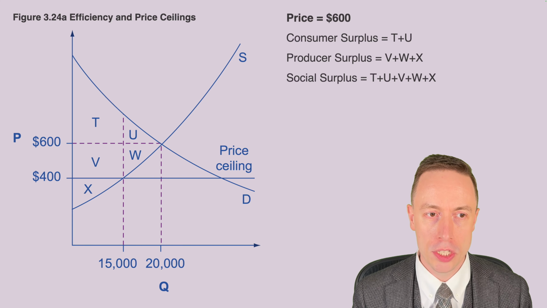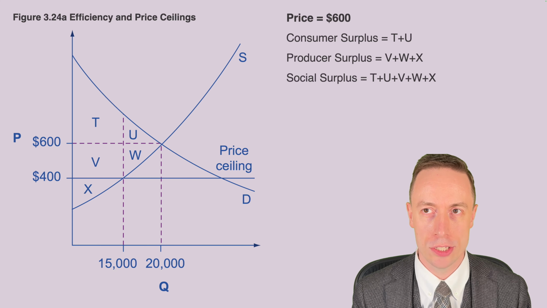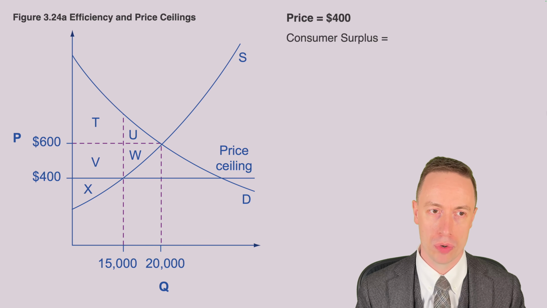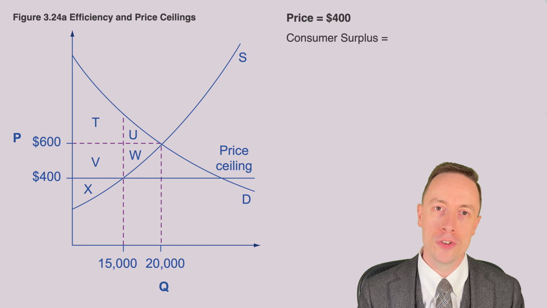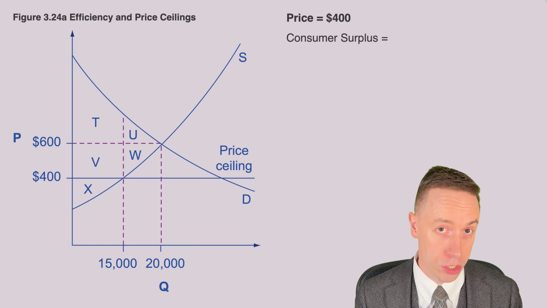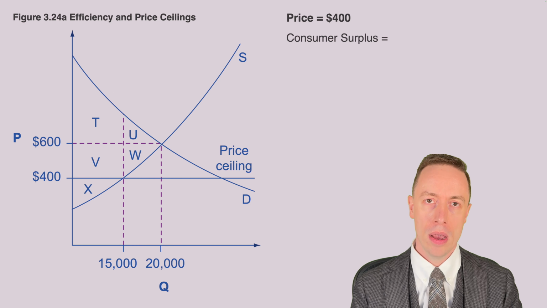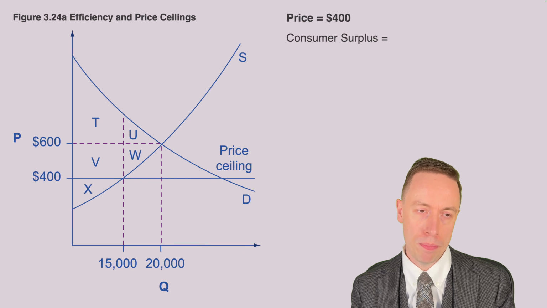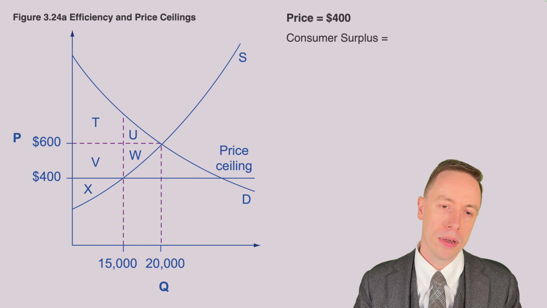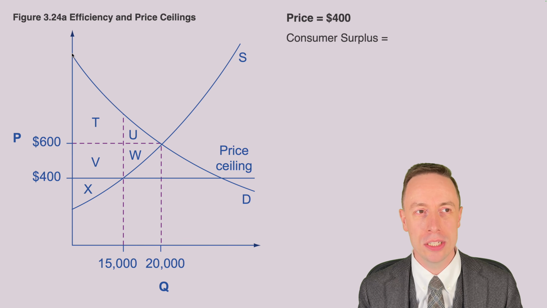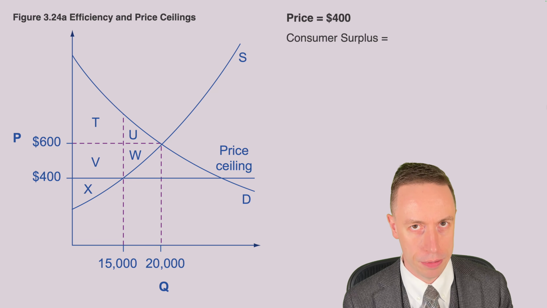Now, let's put this price ceiling into effect. So now the price is at $400, and we have to pay close attention to what's happening to consumers here. At first, we might be tempted to say, hey, if we look below the entire demand curve and above the price ceiling, we find a huge area.